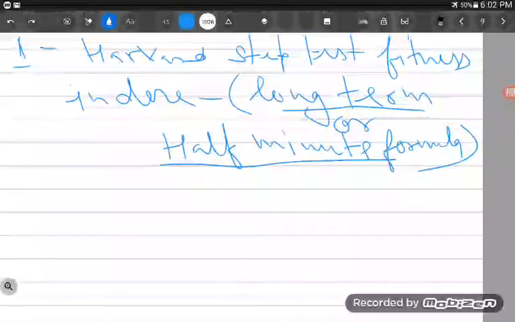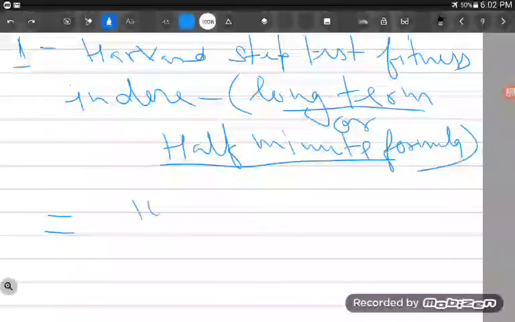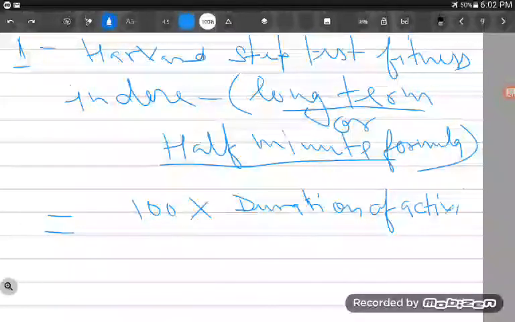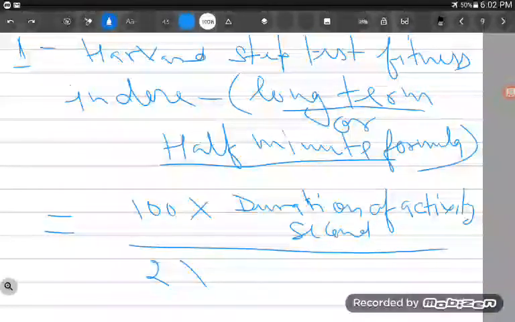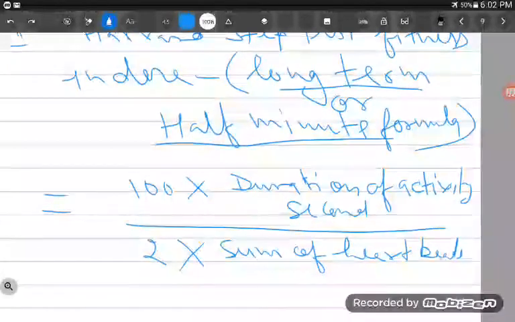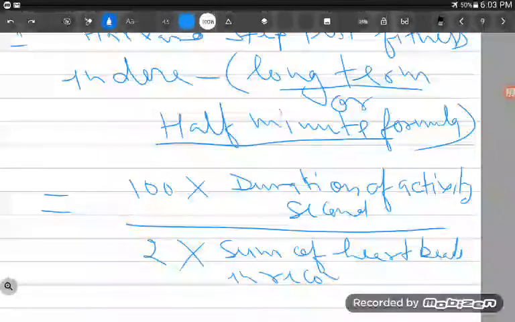Harvard step test fitness index is equal to 100 multiply duration of activity, and duration should be in seconds, upon 2 multiply sum of heartbeats in the recovery period, like pulse 1, 2 and 3.